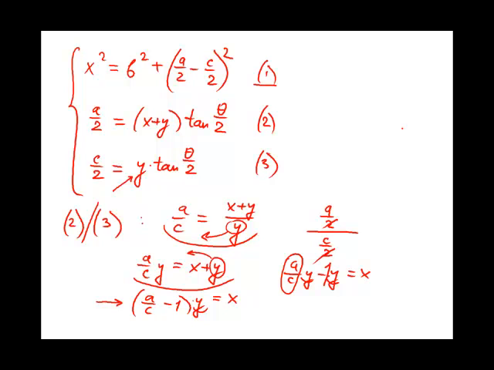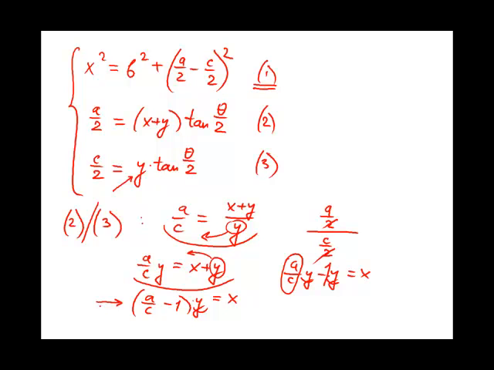Why do I want to do this? I want to do this because I want to create x squared on the right. And having done so, I will substitute x squared from equation 1.